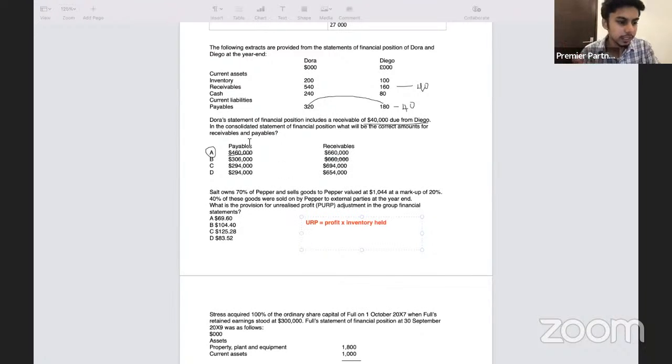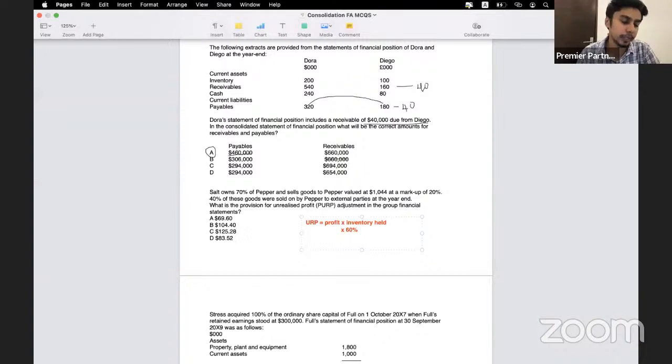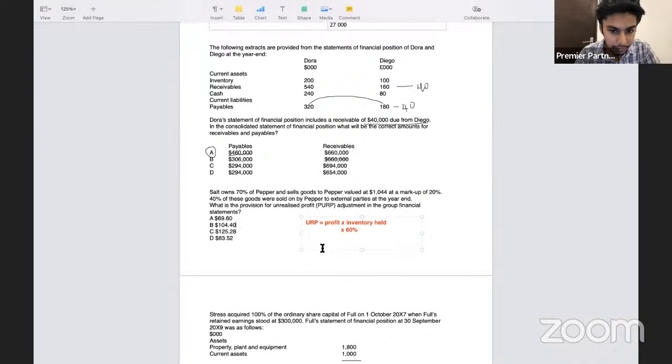Now think: if 40% was sold, how much is remaining? If 40% was sold, held is 60%. That means 60% is remaining. Are you okay with that part? So if 60% is remaining, now calculate the profit.